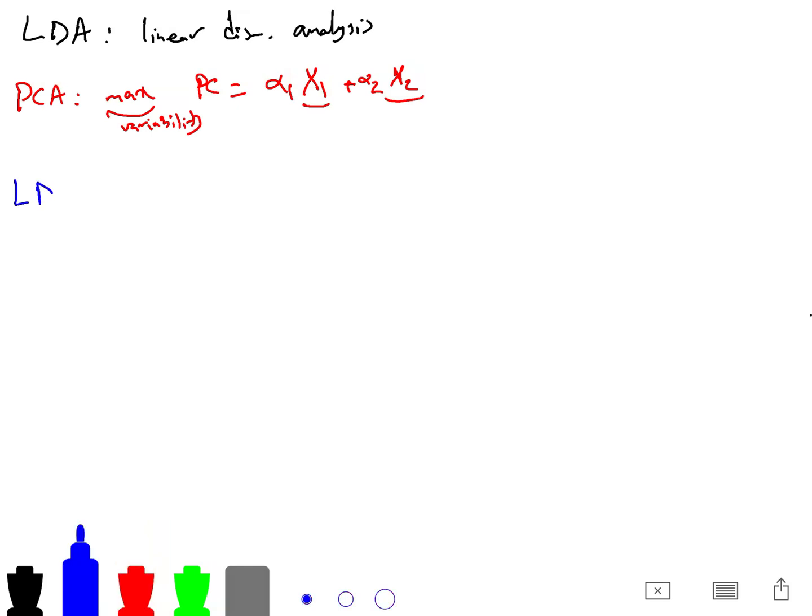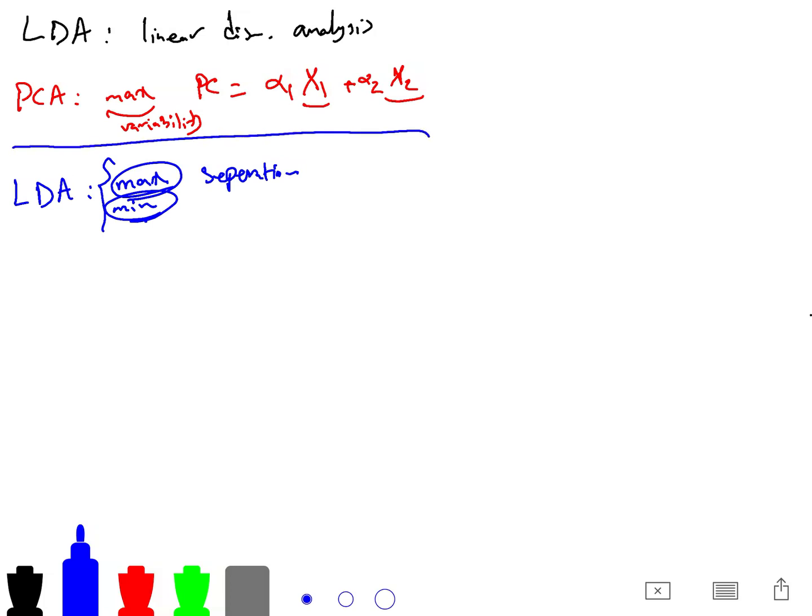But the goal of LDA, or linear discriminant analysis, is different. You want to maximize separation of different classes, between classes, and on the other hand, minimize within class. So you have two different optimizations in one problem, which is LDA.